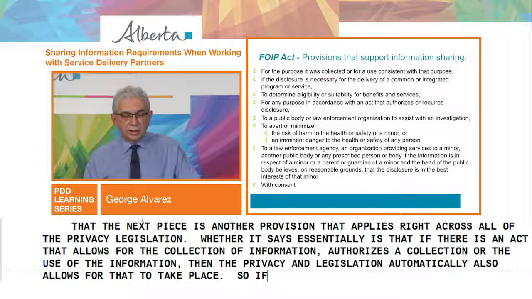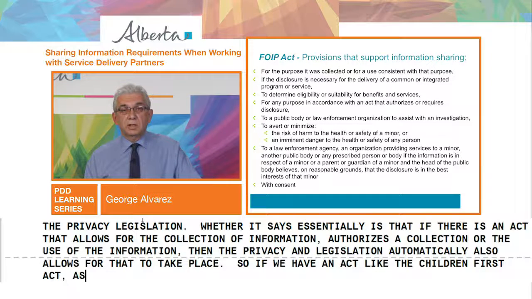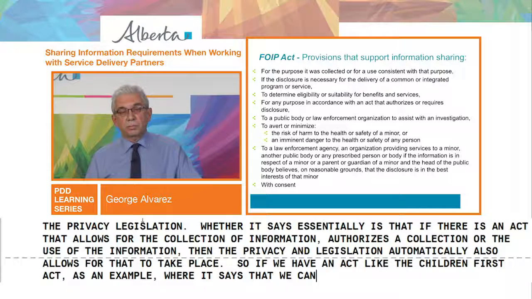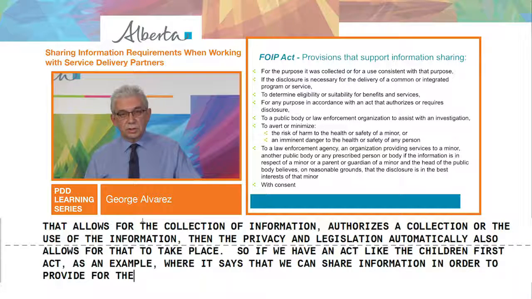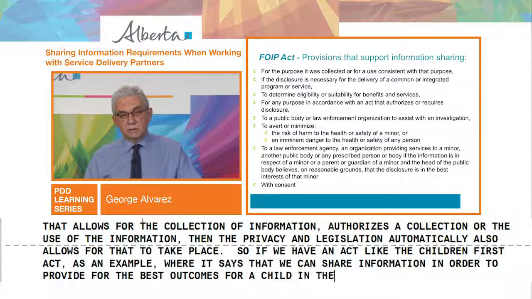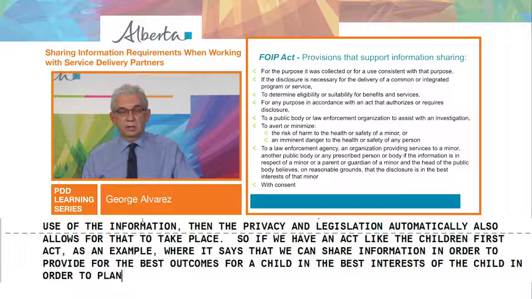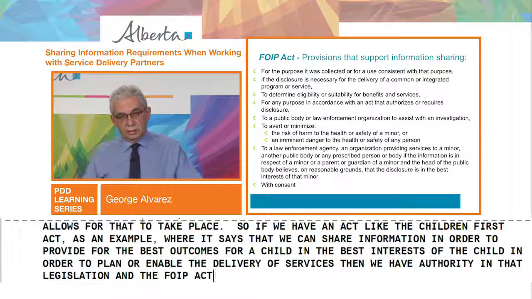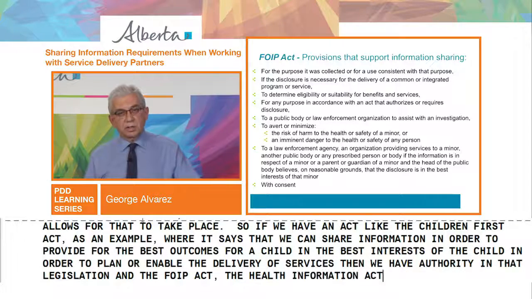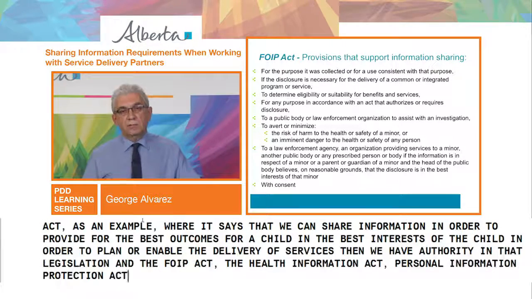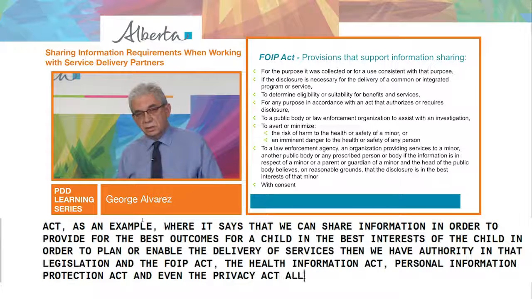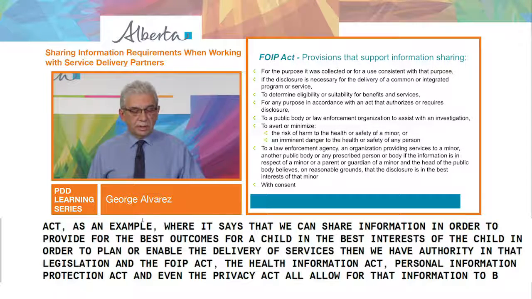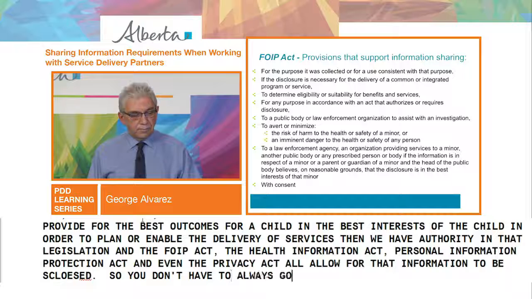So if we have an act like the Children First Act as an example, where it says that we can share information in order to provide for the best outcomes for a child in the best interest of the child in order to plan or enable the delivery of services, then we have authority in that legislation, and the FOIP Act, the Health Information Act, Personal Information Protection Act, and even the Privacy Act all allow for that information to be disclosed. So you don't have to always go back and forth between legislation.